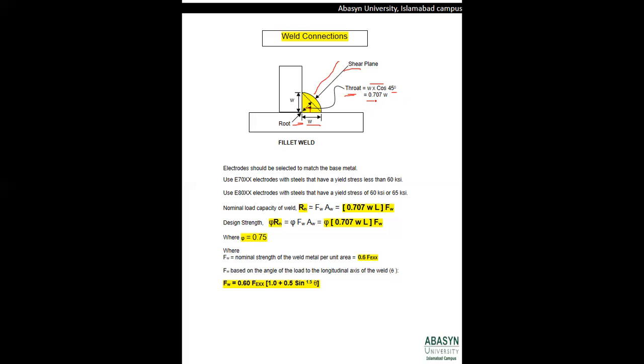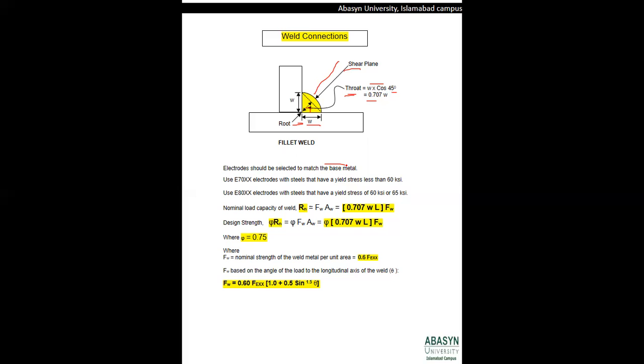Then we have to use electrodes to weld the different steel connections, and they should be matched with the base metal of the material with which our assemblies or structures are composed.